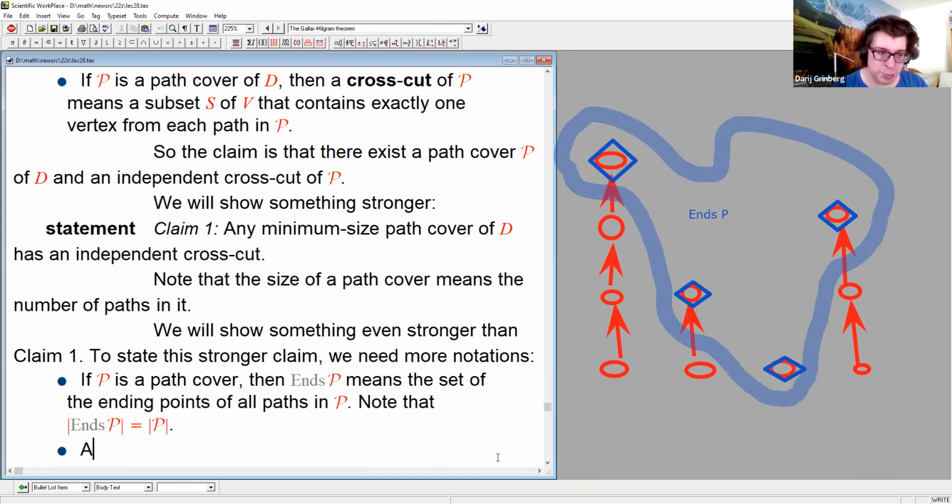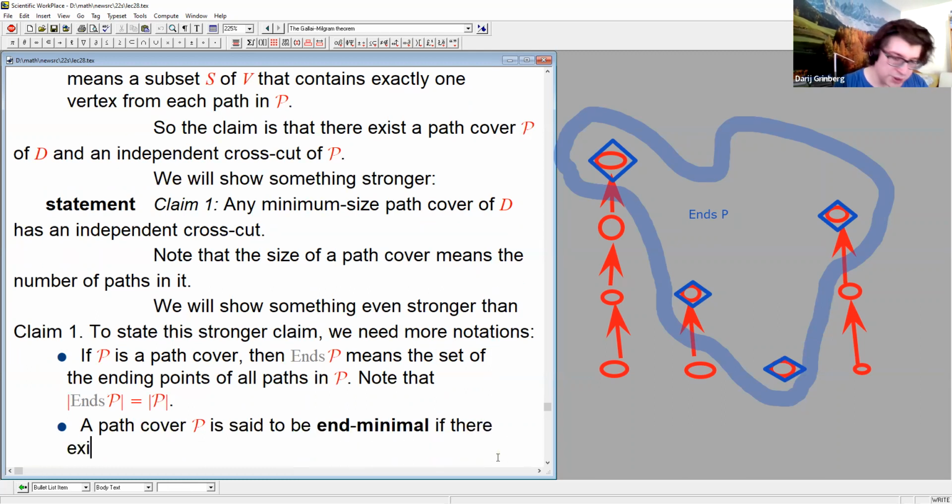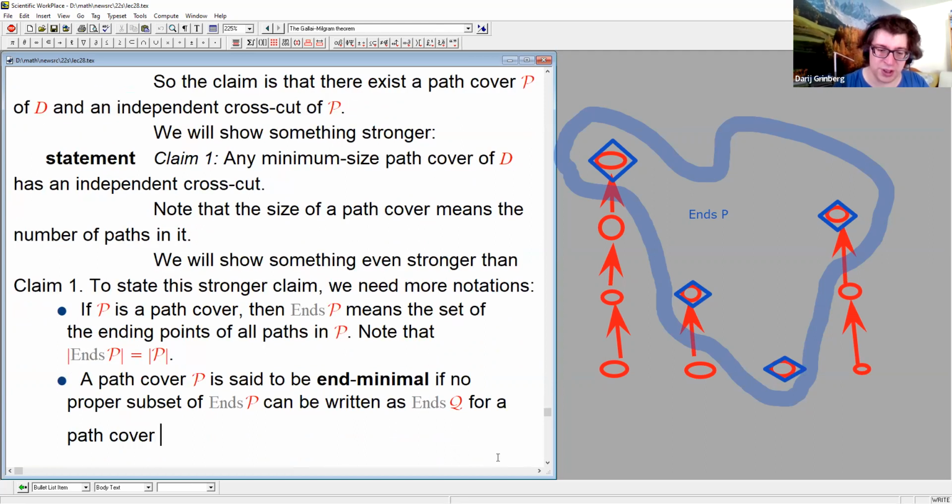Next, a path cover P is said to be end minimal if no proper subset of ends P can be written as ends Q for a path cover Q. So in other words, I cannot have a smaller path cover with fewer paths, such that the endpoints of the paths of the smaller path cover are also ending points of P. But of course, because the smaller one is smaller, at least one endpoint is not used.